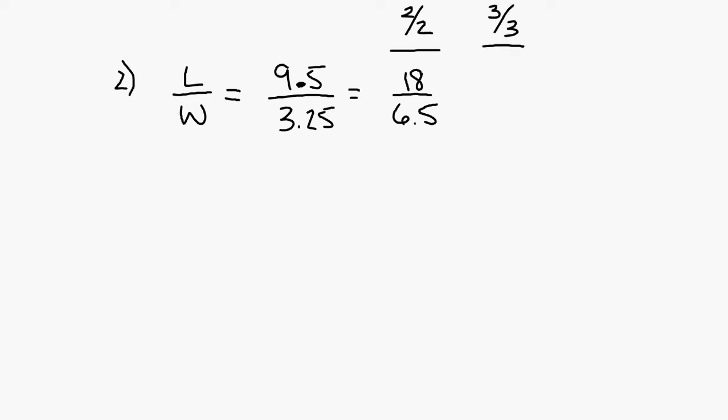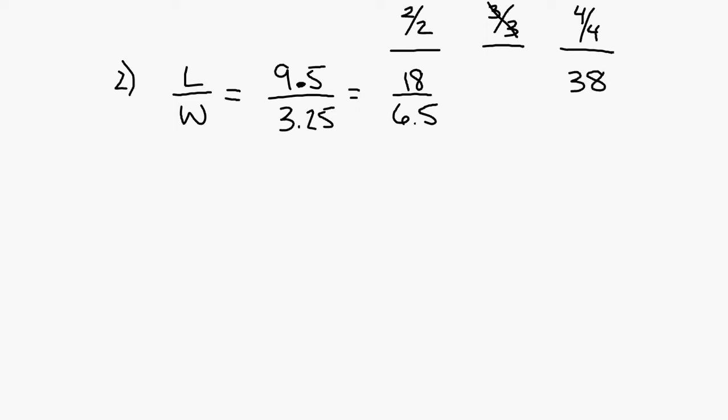But anytime you've got a 0.5 and you multiply it by an odd number, you're going to have a 0.5, right? So you know that your numerator here is not going to be an even number. So skip the 3 over 3 and multiply by 4 over 4. 9.5 times 4, you get 38.